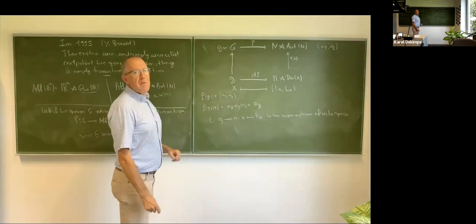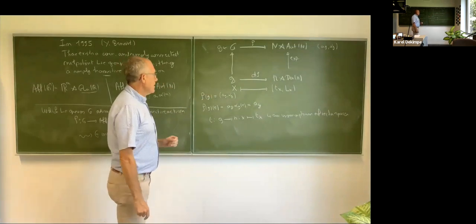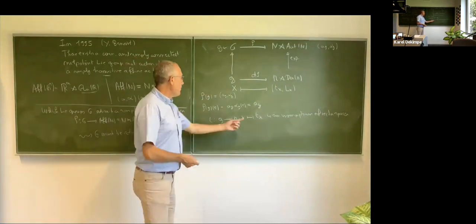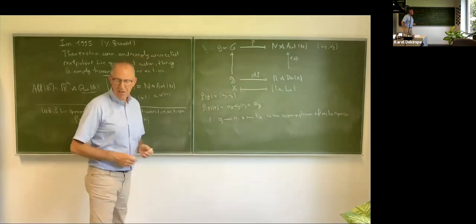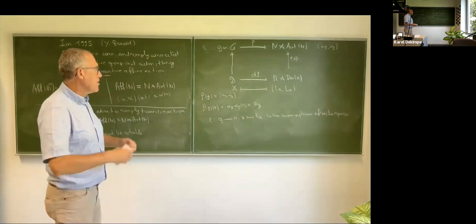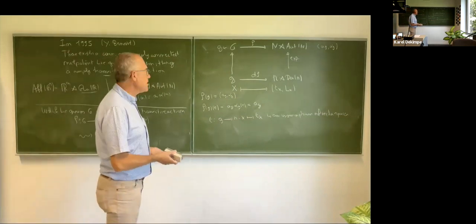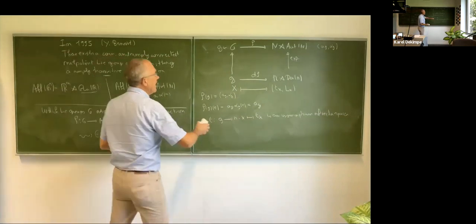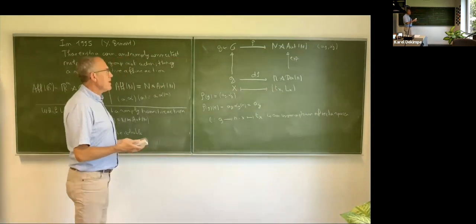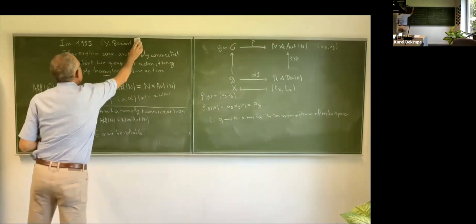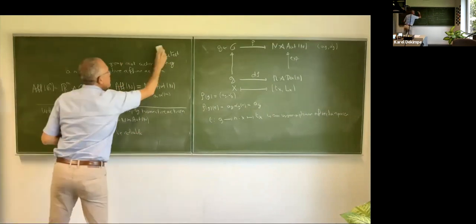Okay, and now we can do more or less the same thing. Using this isomorphism, we can identify the Lie algebras g and n. So we can assume that they have the same underlying vector space. And then I can write t of x as x. There are some technicalities, but let's not go into details about this.